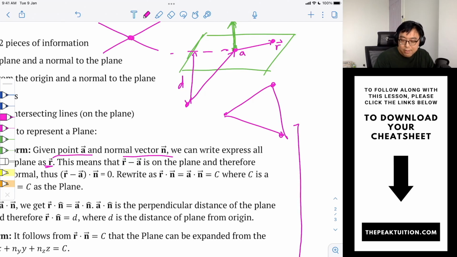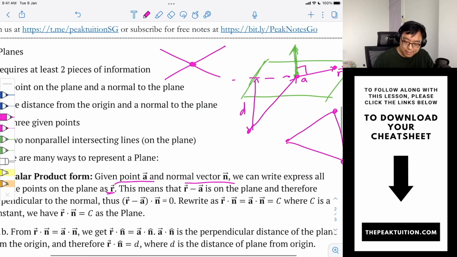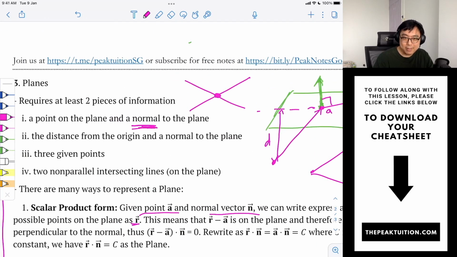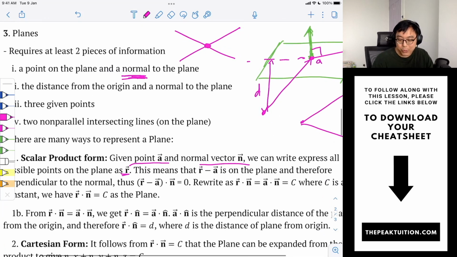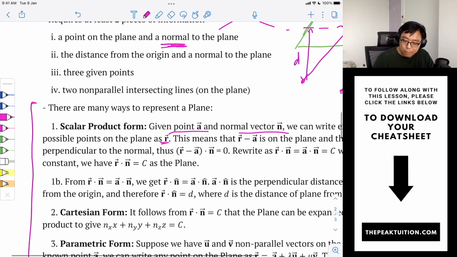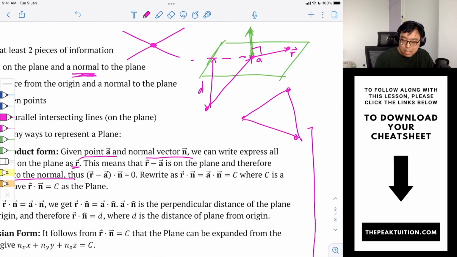And if it's a vector that lies on the plane, it will be perpendicular to the normal. The normal just means perpendicular, okay? So again, let's just redefine this. A normal is just a vector that is perpendicular to a plane, in case it's not known yet. So we know that RA, or AR in this case, is on a plane and is therefore perpendicular to the normal. Thus, R minus A dot N equals 0.